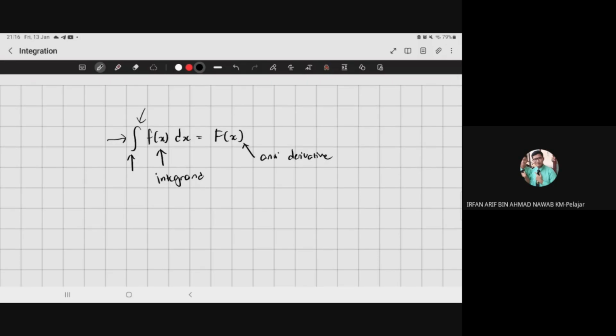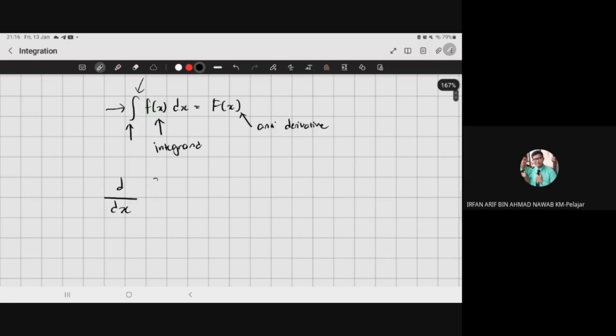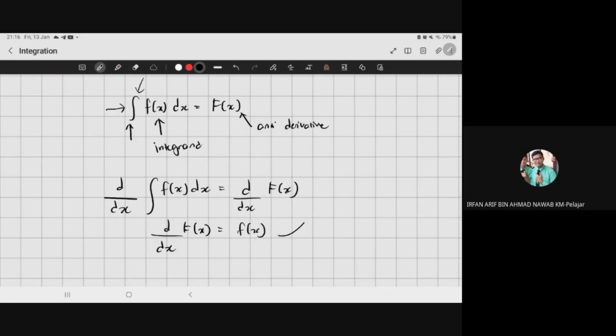Based on the fundamental theorems of calculus, which I learned, but you guys will have to learn, basically when you differentiate this, d/dx, as far as I know, you will get this, and at the end you will get f(x).